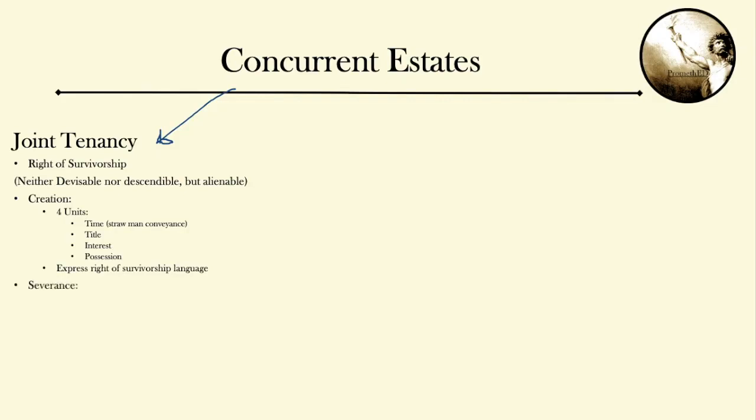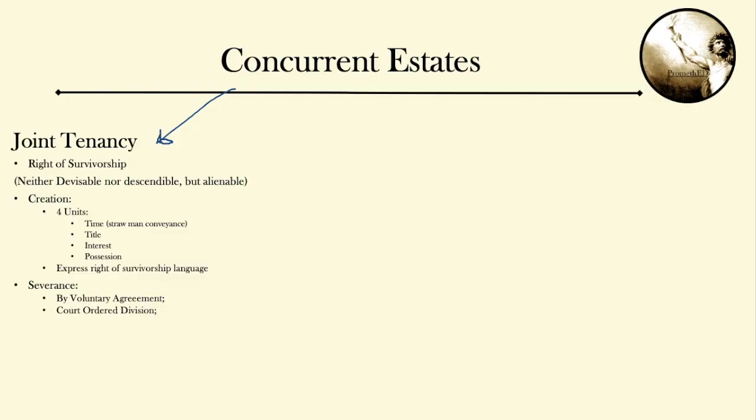Now, let's discuss severance, so how a joint tenancy is severed. The first possibility is by voluntary agreement. The second possibility is by court-ordered division. We need to discuss here the possibility that the court severs the joint tenancy by partition in kind or by partition by forced sale.